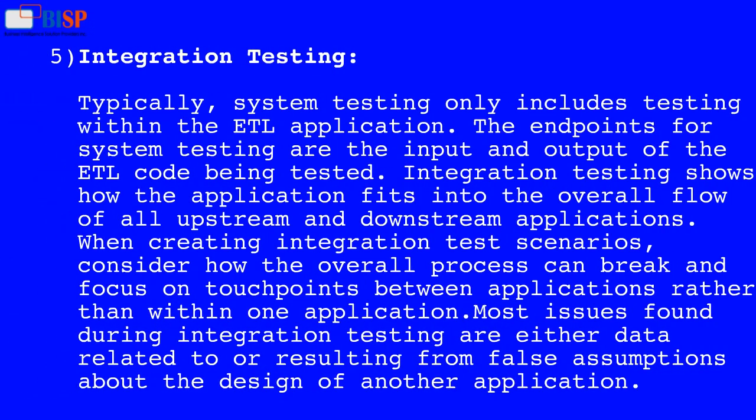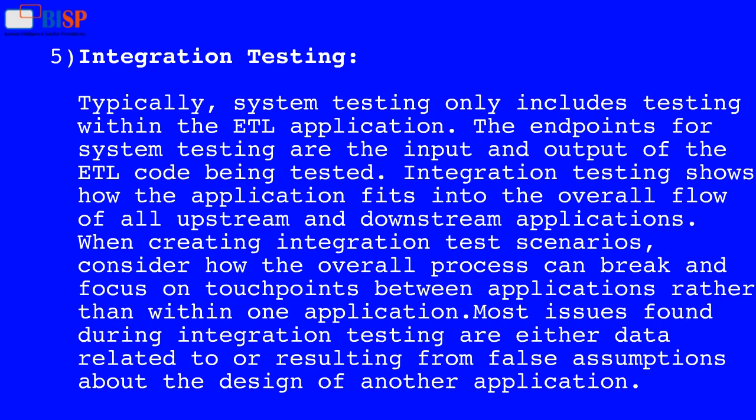5. Integration testing. Typically, system testing only includes testing within the ETL application. The endpoints for system testing are the input and output of the ETL code being tested. Integration testing shows how the application fits into the overall flow of all upstream and downstream applications.